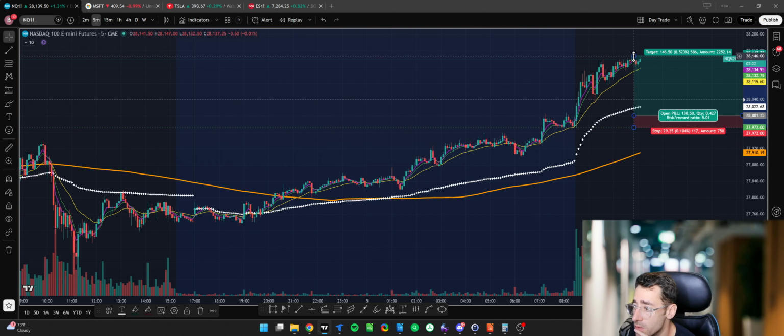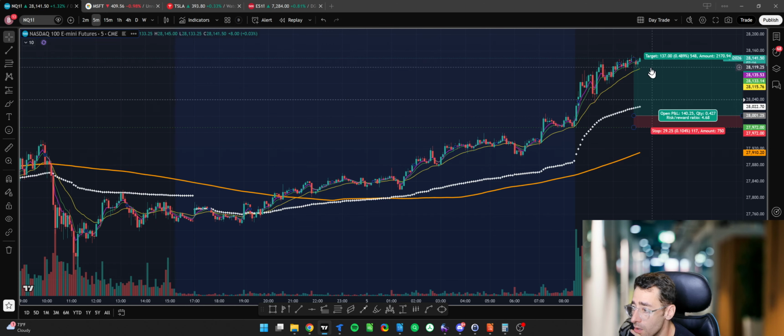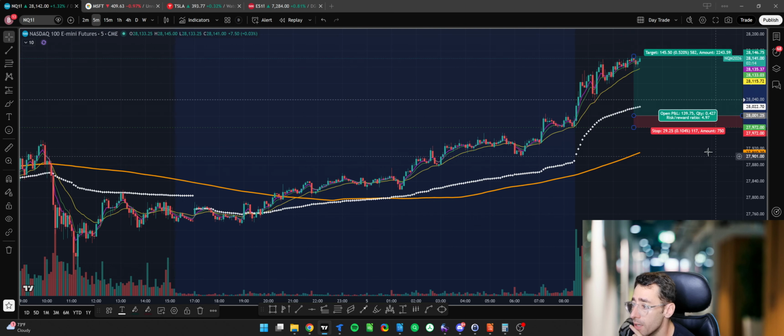Look at this ratio right here. That is a 4.97 R, pretty much a 5 R trade. So what does that tell you about this trade in terms of risk? We're looking at risk right here.